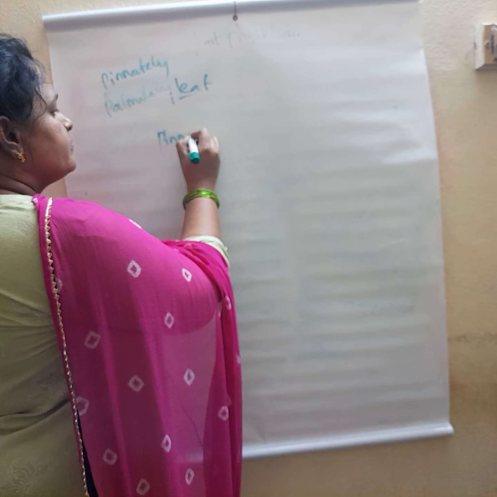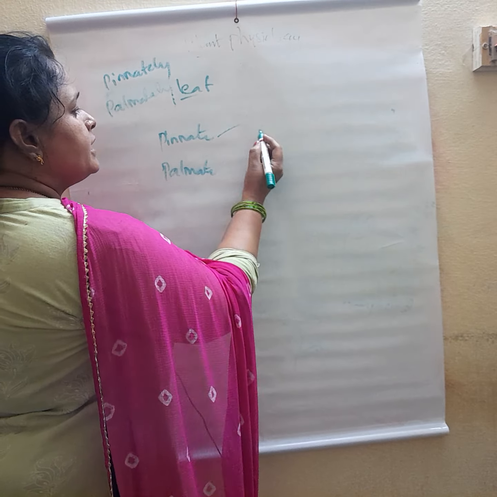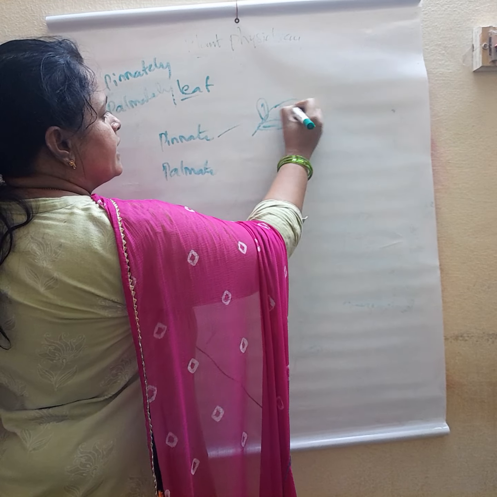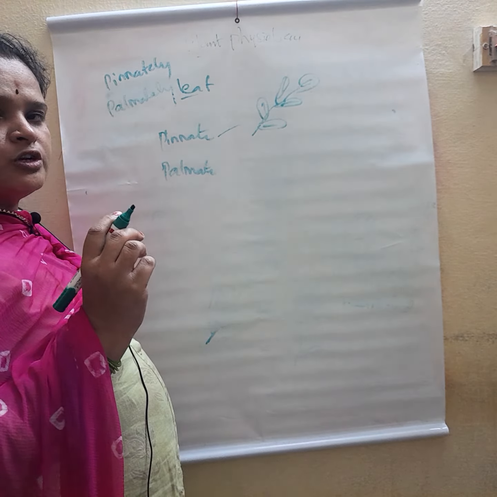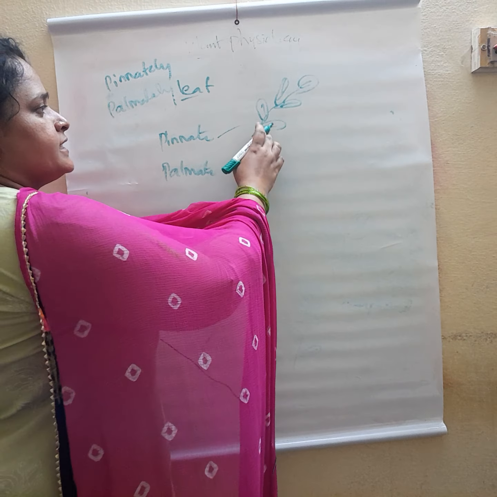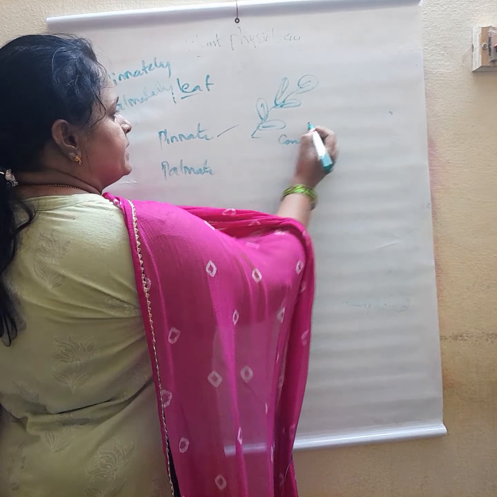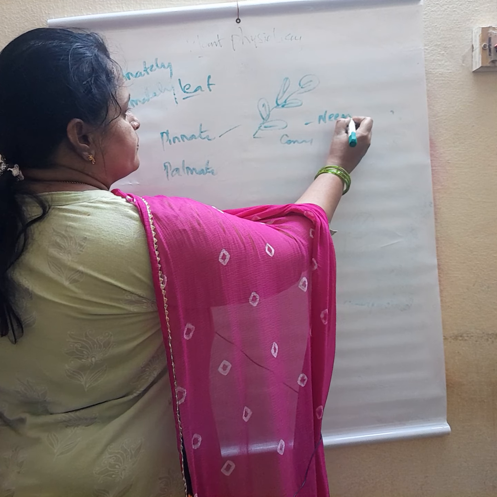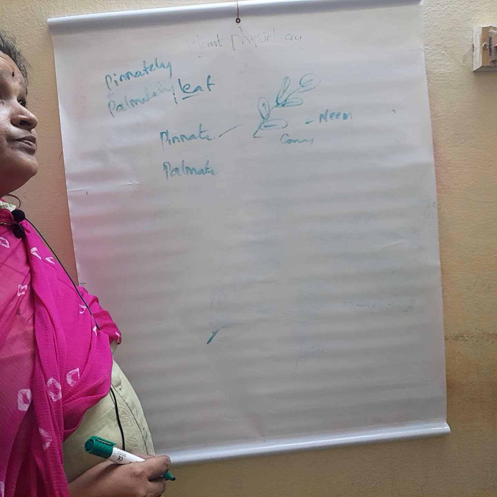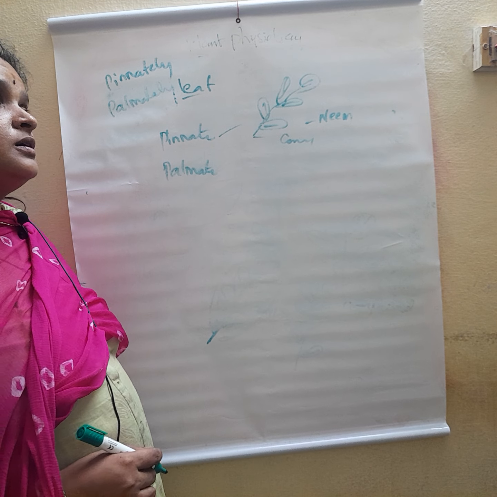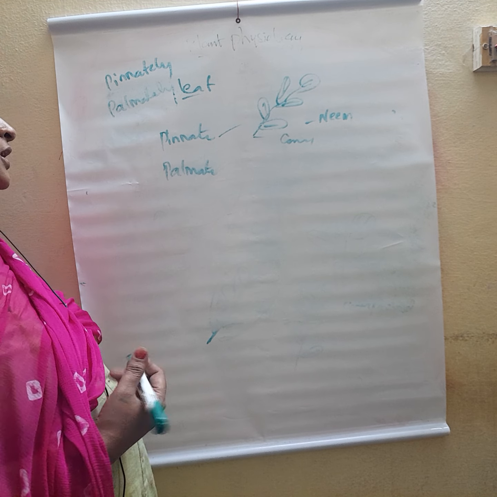Pinnately compound leaf means the leaf rachis is divided into so many small leaflets, arranged like a small leaf. This is called a compound leaf. Example is neem, curry leaf.